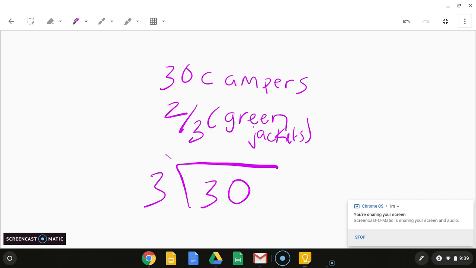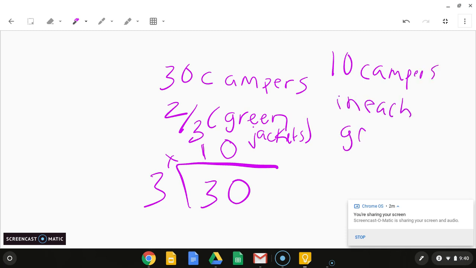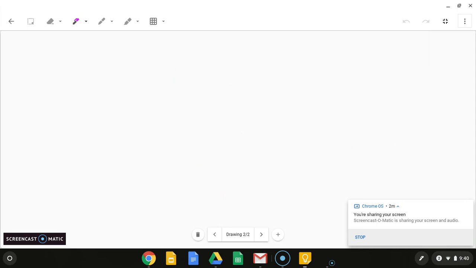We know our multiplication facts, that 10 times 3 is 30. So our quotient is going to be 10. What that 10 means is that there are 10 campers in each group. Okay, so there's my first fact. I know now that there are 10 campers in each group.